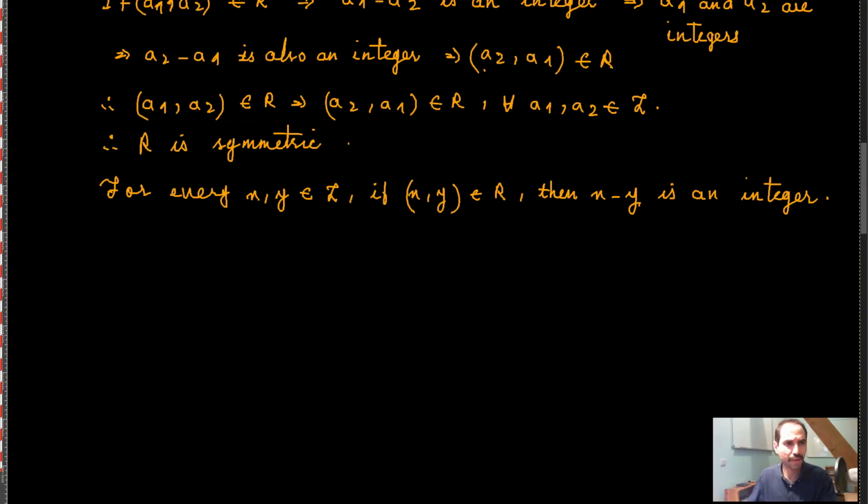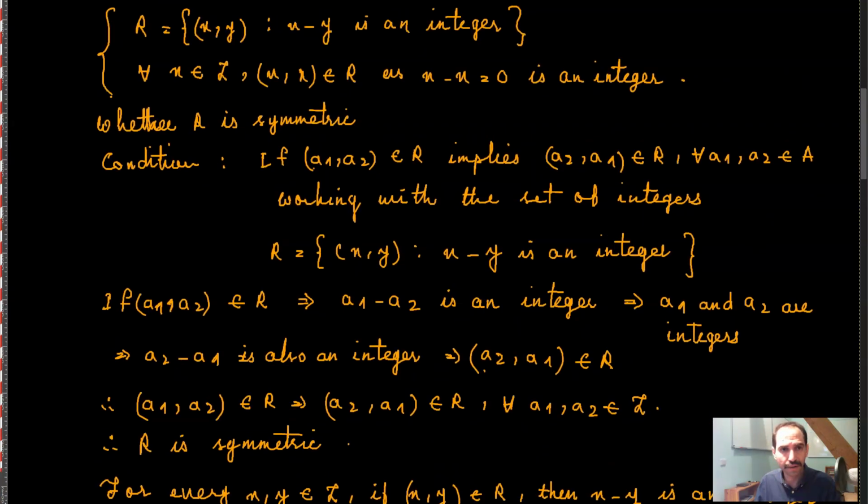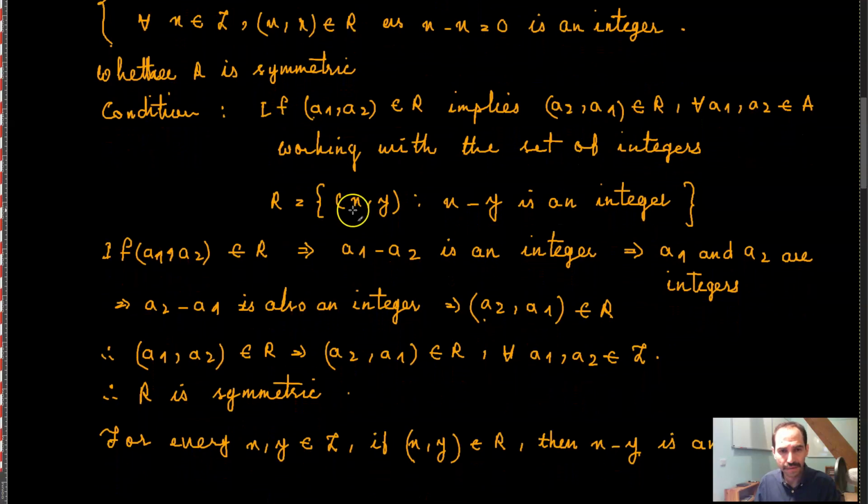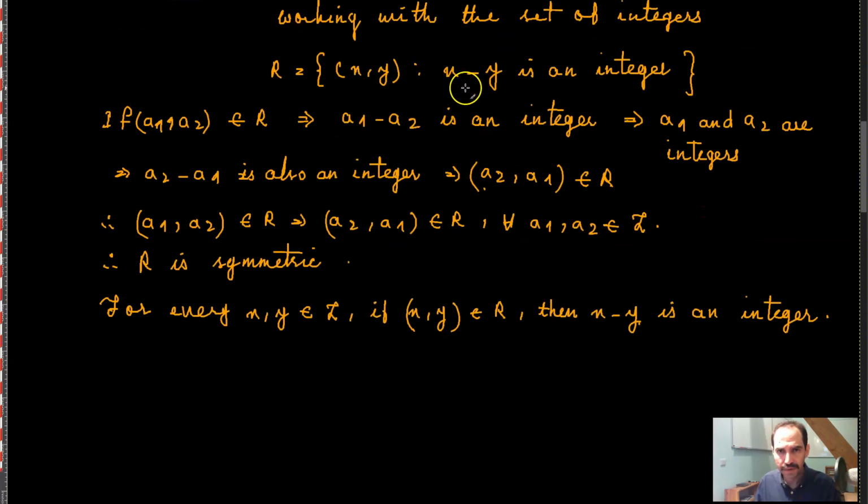Now this is based on the rule that we had in R. We said that R is equal to all the ordered pairs x comma y such that x minus y is an integer, which means that for every x comma y belonging to the set Z, if x comma y belongs to R, then x minus y is an integer.